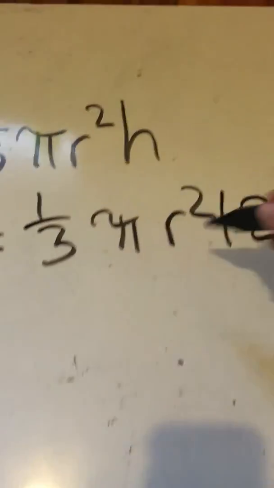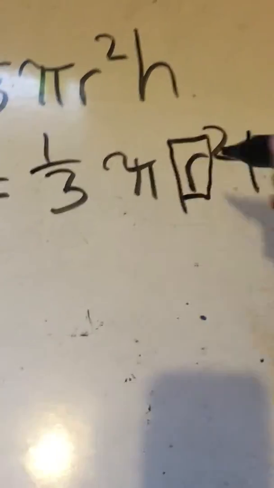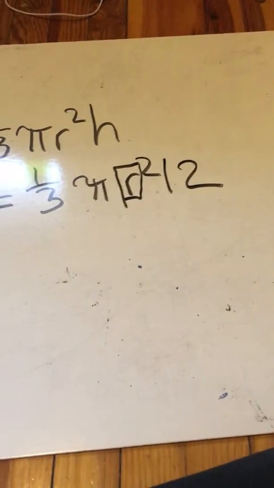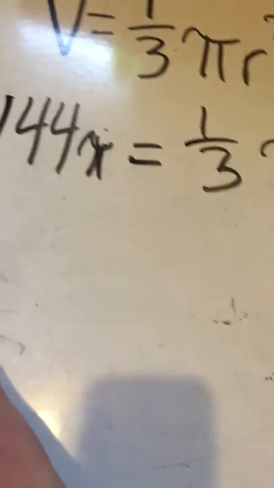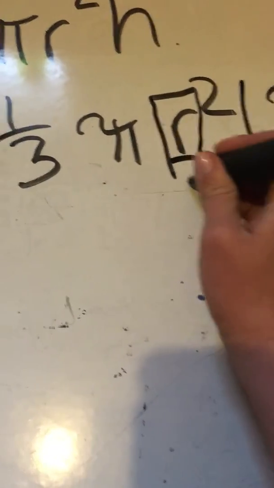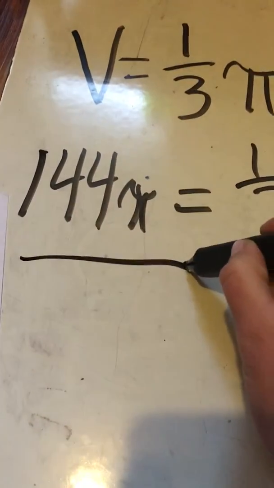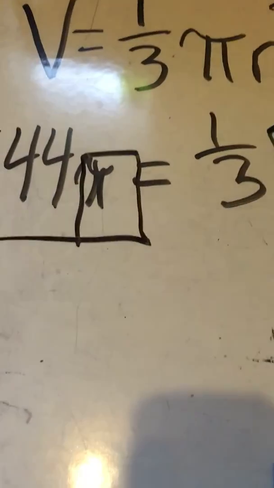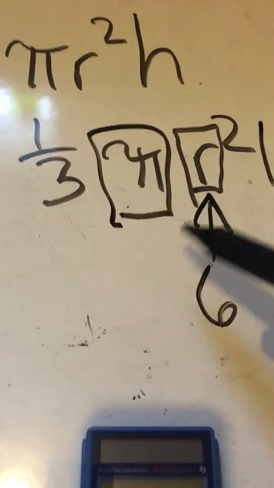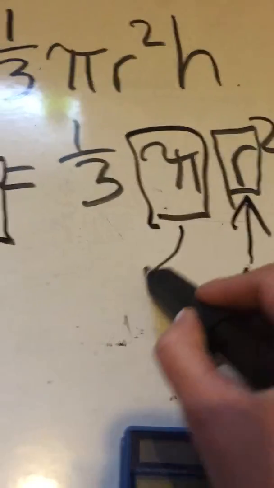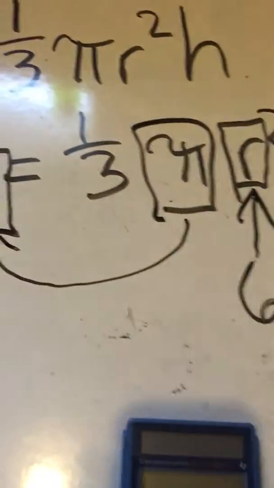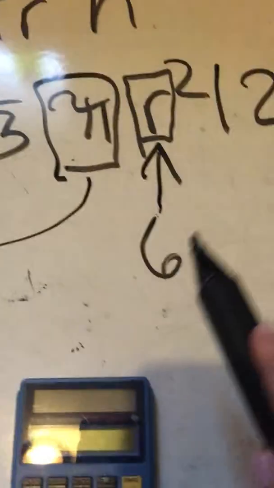So the only thing that we are replacing here is our R. I'm going to start with the 6 in our R spot. So I'm going to take my calculator. And since we see that we have 144 pi over here, we don't have to worry about this pi over here because we already moved that pi over. So when we're multiplying, we only have to worry about 1/3, 6 squared, and 12.